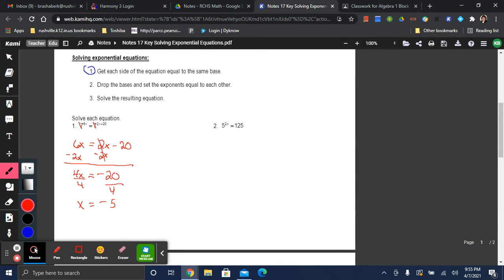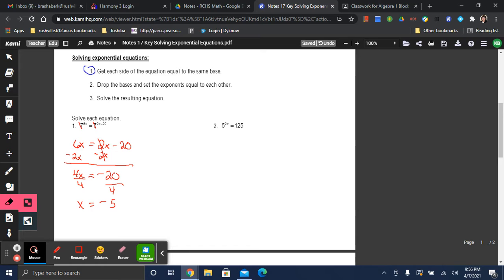You'll want to notice that the bases are not the same. So right here, these bases are not the same. We have the 5 and then we have the 125.